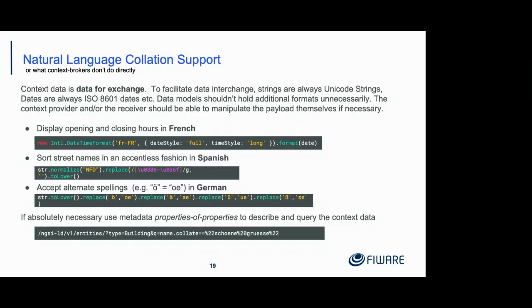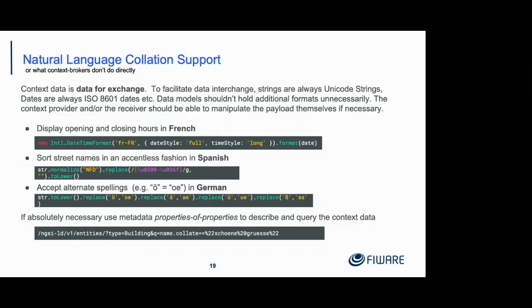I said, it's fine, it's A to Z. They said, yeah, but we're in Spain and we've got accents over our characters. And therefore, A with an accent on it doesn't follow A. And at the time, my thought was, if I got a situation like that where I want to collate natural language, I would probably use a database, because that's what databases do. They're able to sort things out.